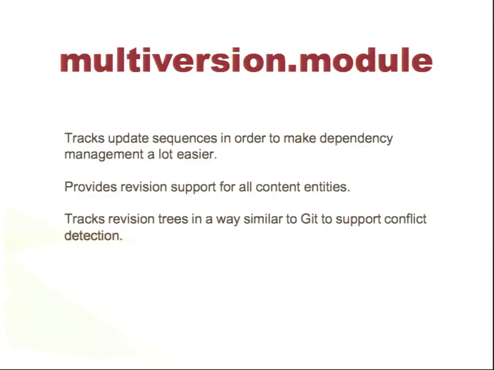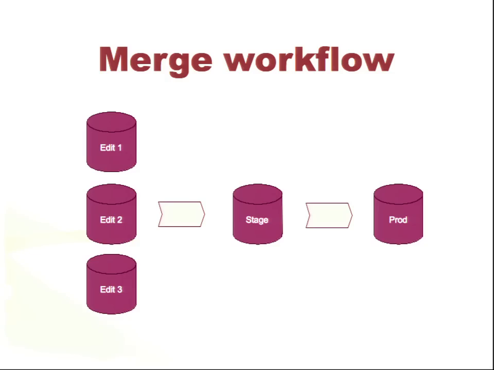And then, last but not least, we're tracking revision trees in a way very similar to how Git is tracking revisions. We do this to support conflict detection, with the primary use case being, for instance, the merge workflow, as we talked about earlier. Let's say you work on editorial environment 1, you work on maybe nodes 1, 2, 3, and 4. You're doing changes to those. And then on editorial environment 3, for instance, you also make a change to node number 2.